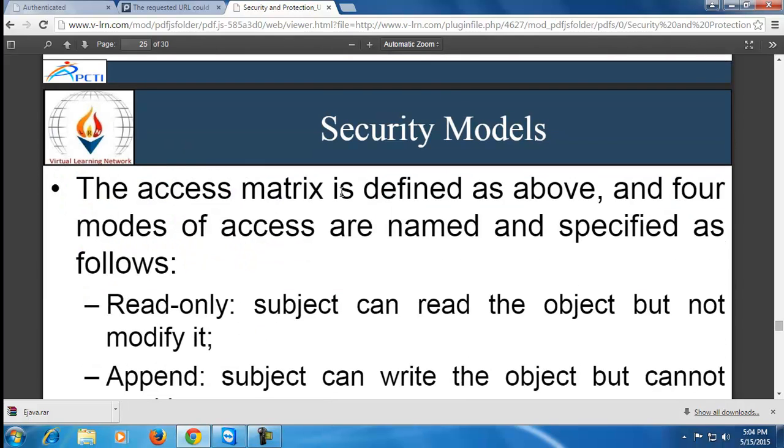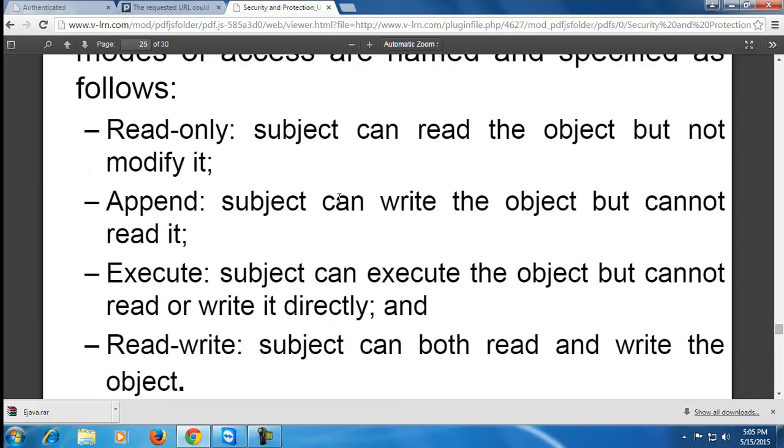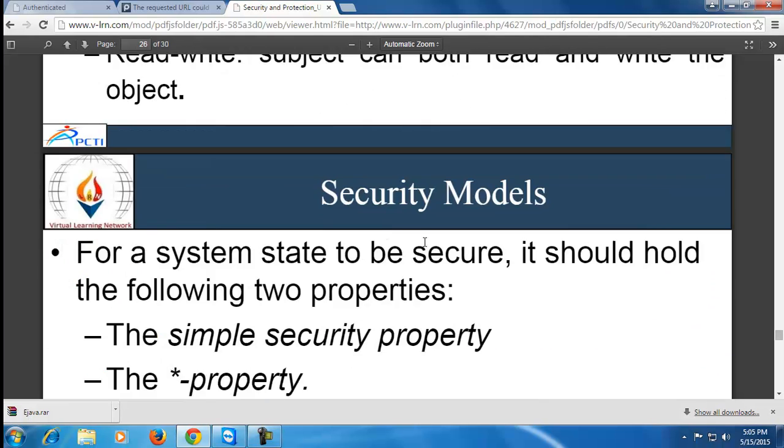And this is another access matrix, which defines the above terms in matrix form with respect to user access, which has read only, append to file, execute, read and write; every kind of permission set it has.